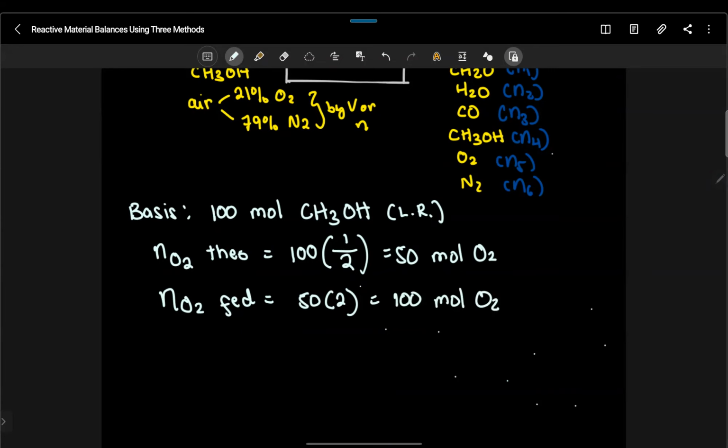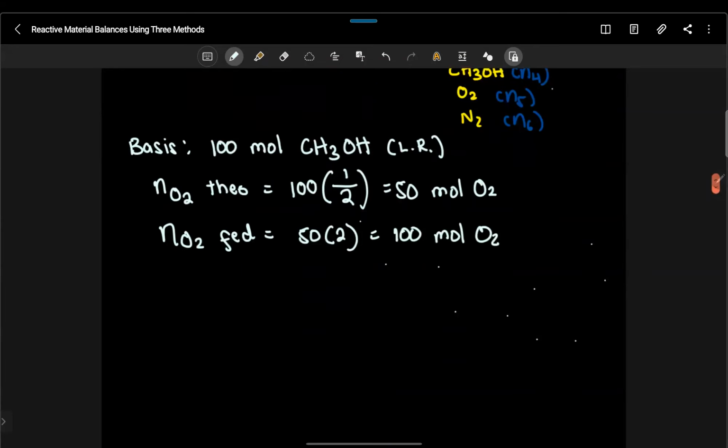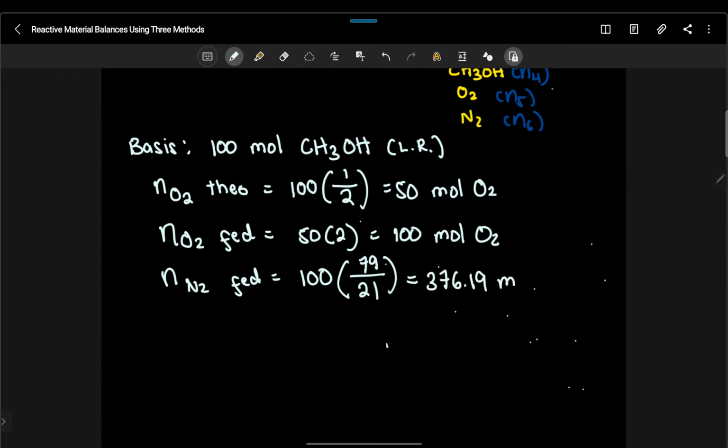And we're also interested dun sa amount ni nitrogen fed to the reactor. Eh, alam naman natin yung composition nila, di ba? So kung 100 moles yung oxygen fed to the reactor, for every 21 moles of oxygen, 79 moles yung nitrogen. So this will become 376.19 moles of nitrogen.